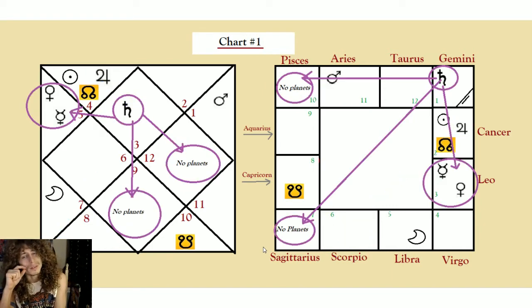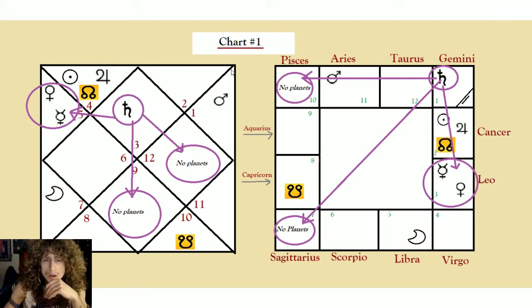Now Saturn influences. Saturn is the final special aspect planet. It doesn't go by trines. Saturn aspects the 3rd, the 7th, and the 10th constellations from its position. So here we have Saturn in chart 1.